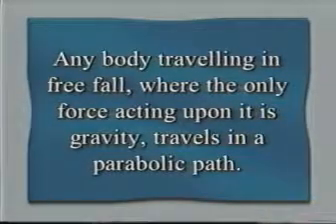This is true for a ballistic nose cone once the engine is turned off, a kicked or thrown ball, a bullet fired from a gun, an arrow fired from a bow, or any other object that is launched with an initial velocity, or even dropped, where the only force acting upon it is the gravitational field of the Earth. Obviously, if the object is dropped, it will travel in a straight line down to the Earth unless the wind blows it.